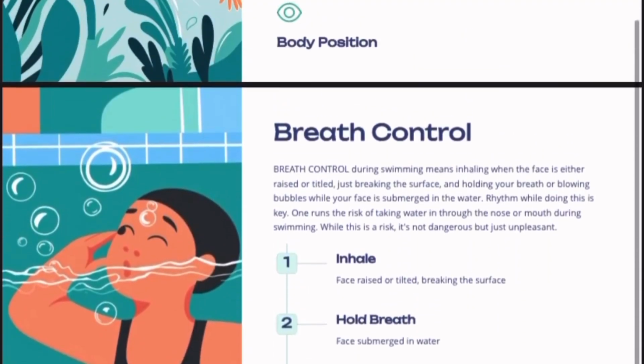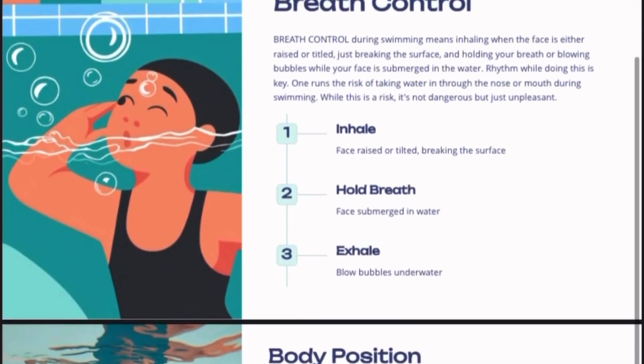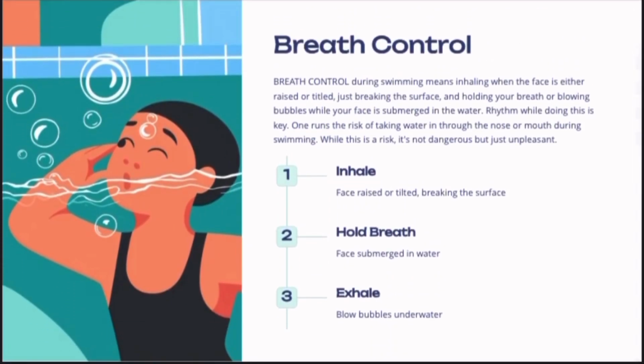So the next is the foundational principles of swimming. With buoyancy, there are also other foundational principles that help swimmers develop a successful range of swimming strokes: breath control, balance, and body position. So there are three parts of the foundational principles, which are breath control, body position, and balance.